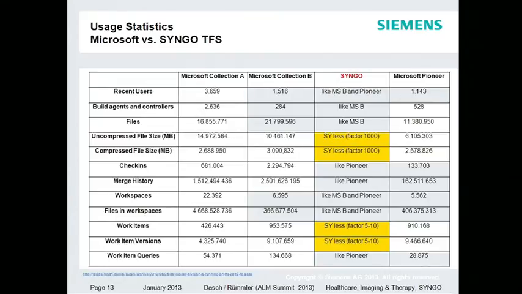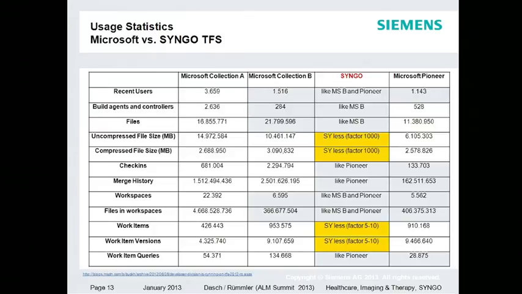This slide just gives you an idea about the size of the project and the challenges we faced. You can see Syngo, one of the columns here, in comparison with some data from Microsoft team project collections and TFS. You can see that the Syngo project can be classified as one of the largest team project collections.